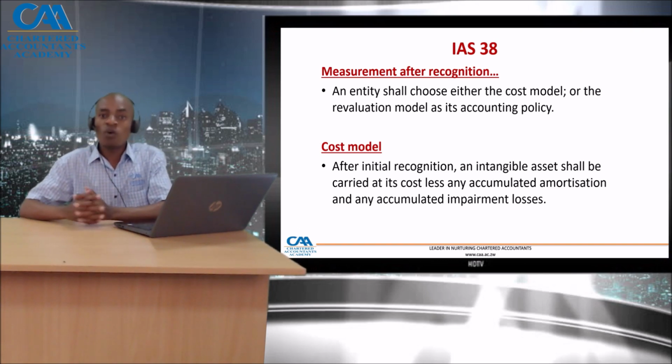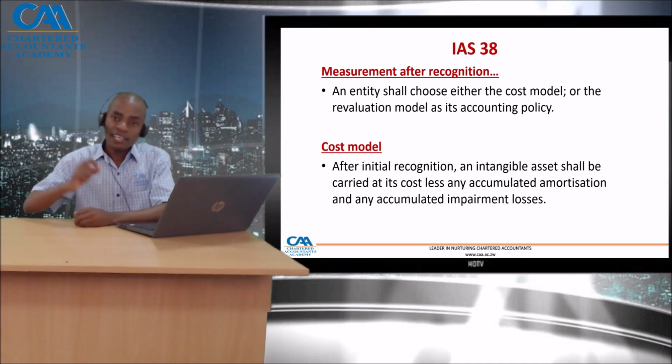Failing to meet any of those requirements, the entity is supposed to record the residual value of the intangible asset at 0.